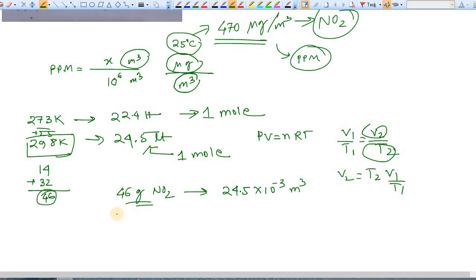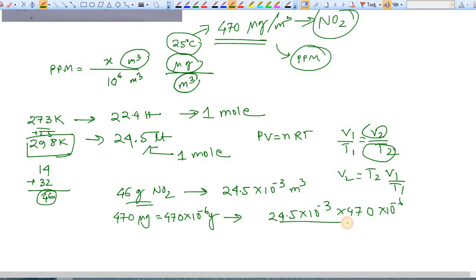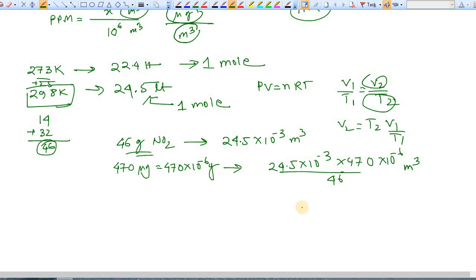Okay, so for 470 microgram, or we can write 470 times 10 to the power minus 6 gram, we have 24.5 times 10 to the power minus 3 times 470 times 10 to the power minus 6 divided by 46. This is the volume. Okay, now calculate it. This will automatically come down to 10 to the power 6, and now you can remove the meter cube.